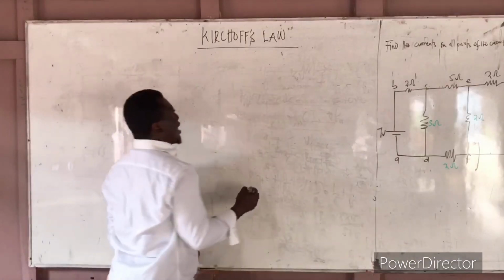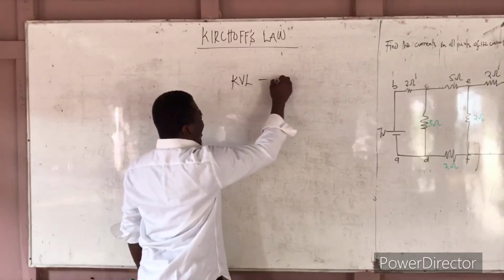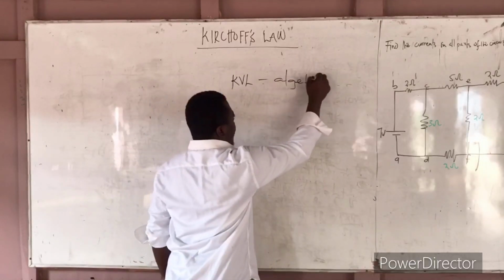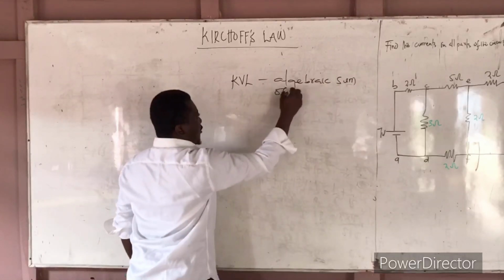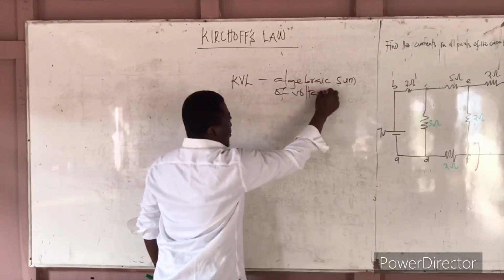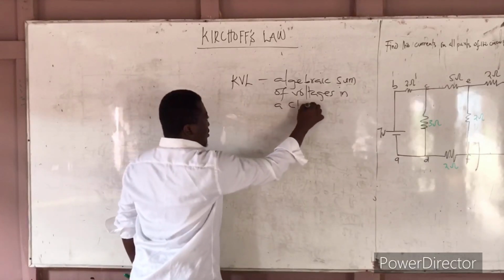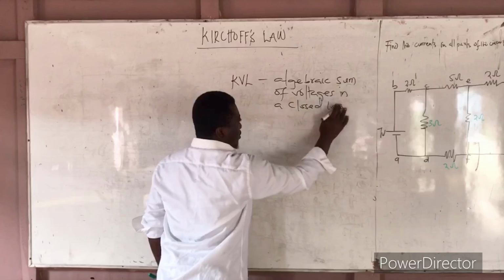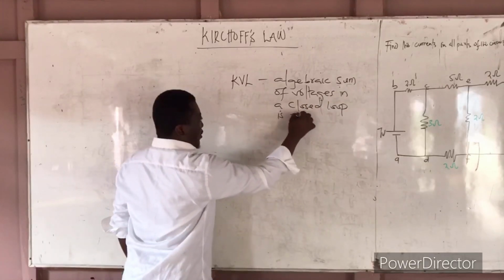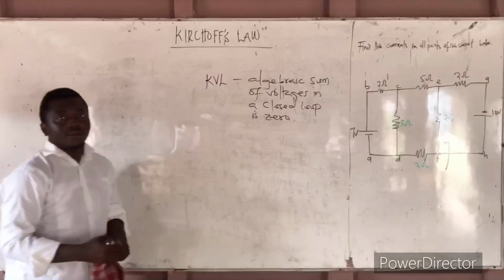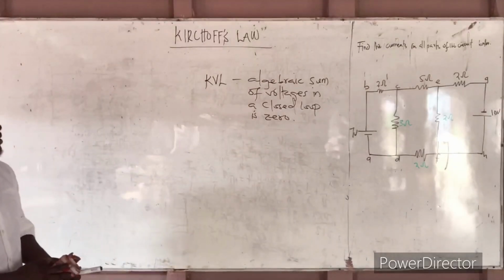So the law states that the algebraic sum of voltages in a closed loop is 0.